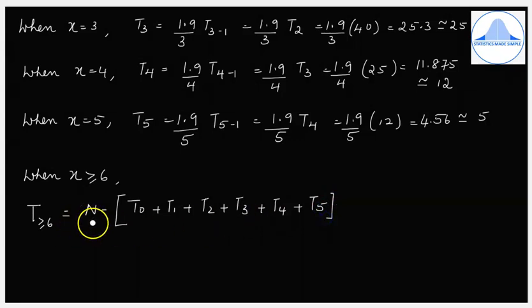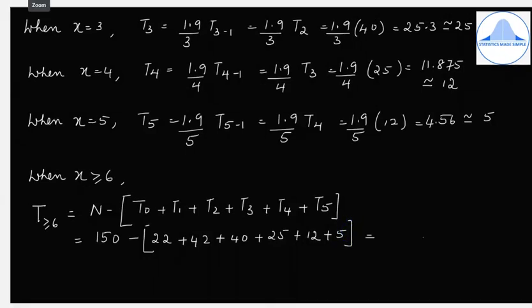So from the total frequency, if we subtract the sum of the theoretical frequencies which we found out, then we'll get the theoretical frequency when x is greater than or equal to 6. So this is equal to capital N, 150, minus, within brackets, T0 was 22, T1 is 42, T2 is 40, T3 is 25, T4 is 12 and T5 is 5.